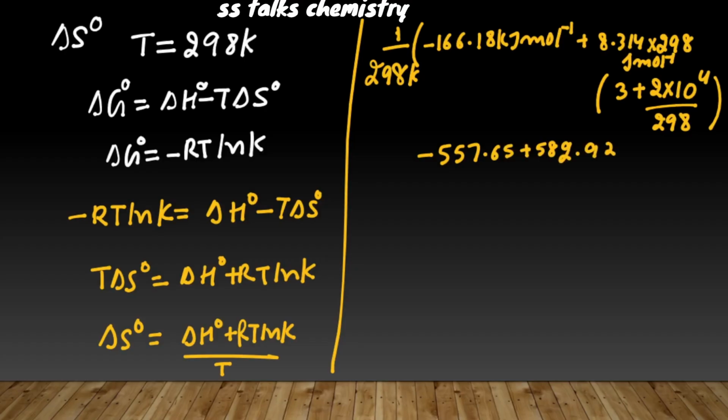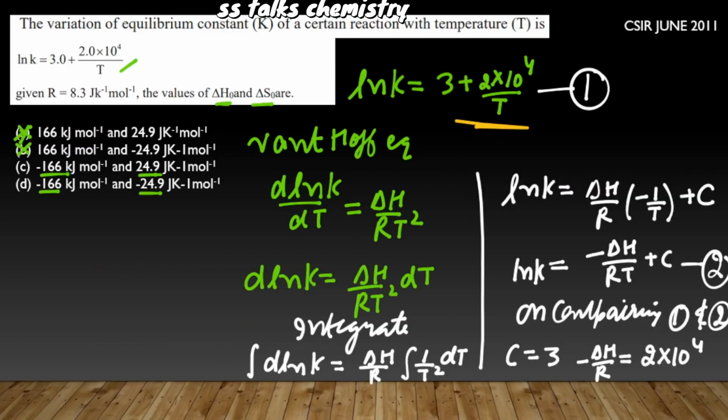On solving this you can see it is coming out to be a positive value, that is 25.278 in the units of joule per mole per Kelvin. So here you can see the positive sign we have got, that is in option C, it has been given to us. Right. So C will be the right answer in this case.